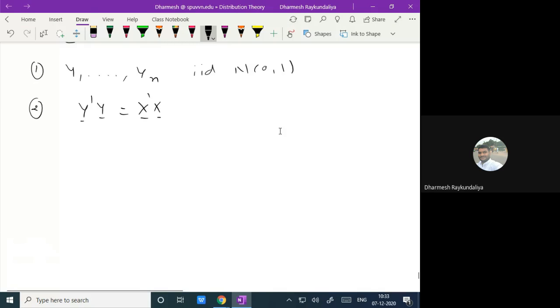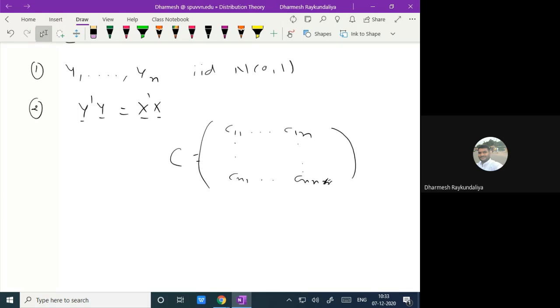So, if we say that the elements of the C matrix, C11, ..., C1n, Cn1, ..., Cnn, are orthogonal, then y1, y2, ..., yn are normal, conditioning on C being fixed.